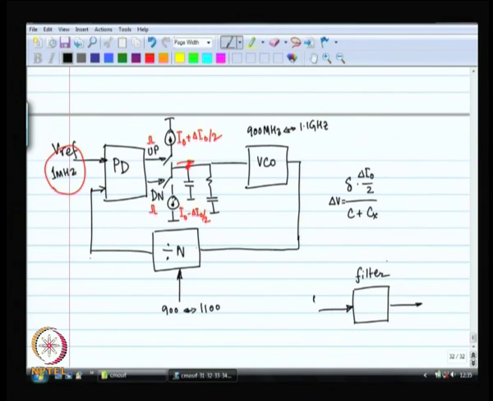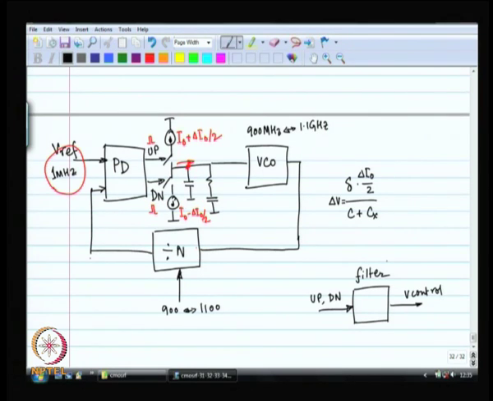Your output is the control voltage. Okay. So, what I am suggesting is decrease the bandwidth of this filter.